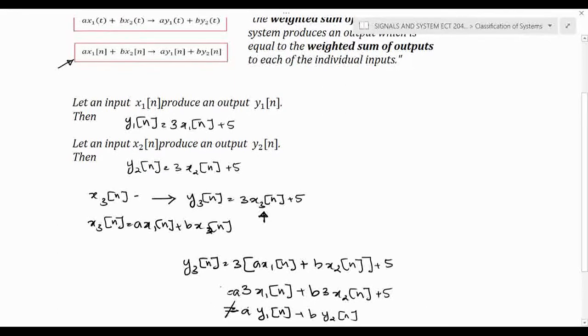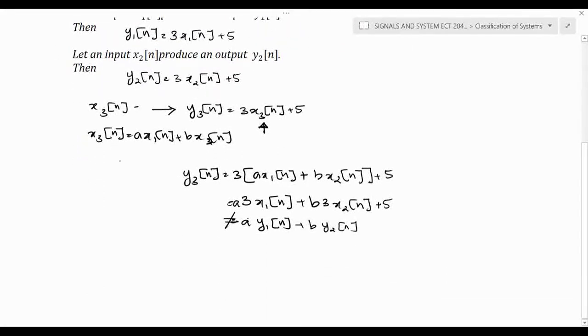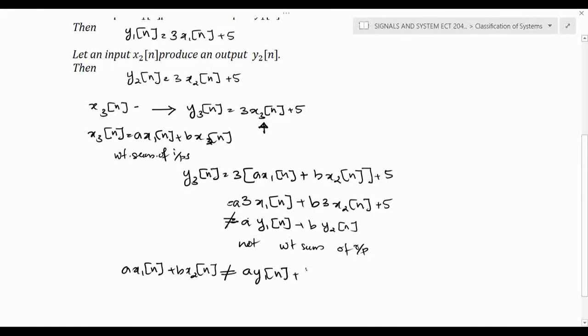So here it is a weighted sum of inputs, it's not a weighted sum of outputs. So the system is non-linear, or you can write a x1 of n plus b x2 of n is not equal to a y1 of n plus b y2 of n.